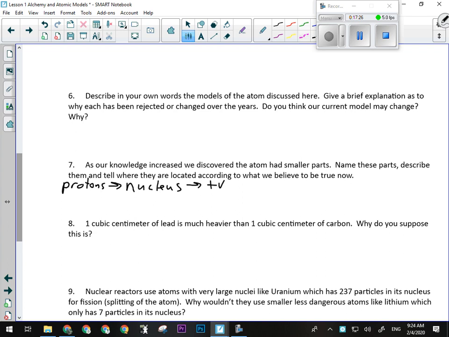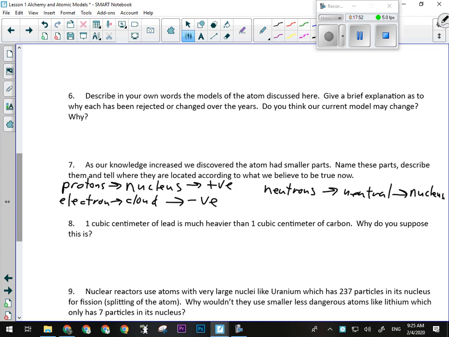Positive. Then we have electrons, and they're located in the cloud, and they are negative. And then we have neutrons, which are neutral and are also in the nucleus. That's really all you need to know.